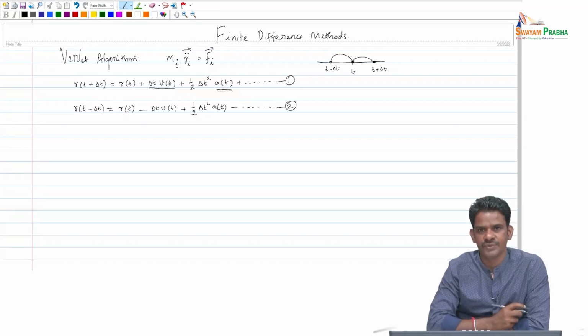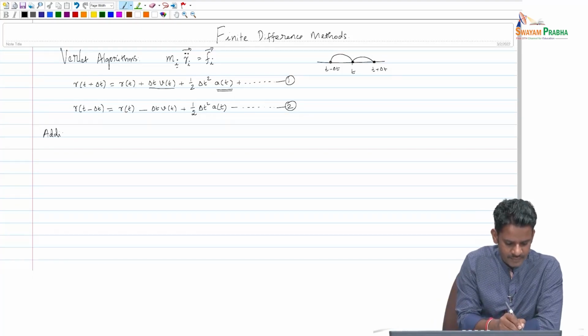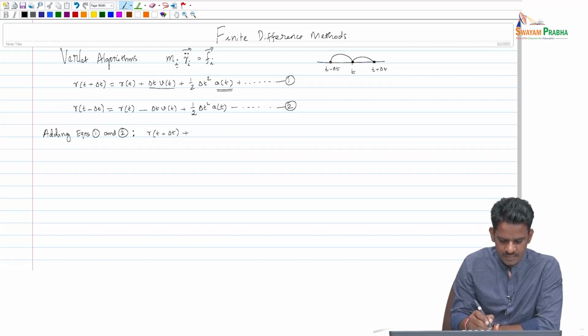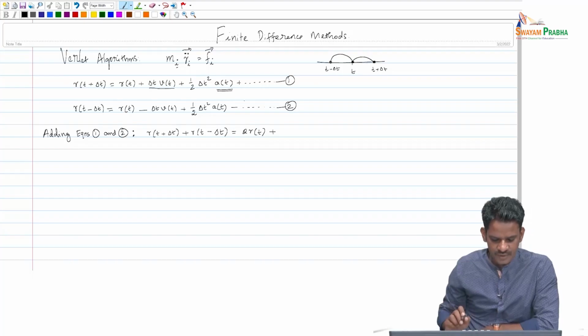Now, if I add equations 1 and 2, you can see the velocity can be eliminated from this set of equations. Adding equations 1 and 2, we get on the left hand side r at t plus delta t plus r at t minus delta t equal to 2 times r of t. You can see the plus term and minus term will cancel, so we have only the even power terms.